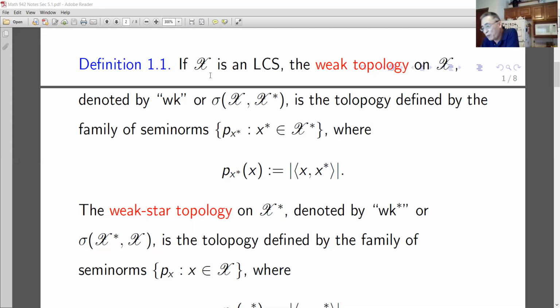The second point about this weak topology is this. After looking at this definition, we may have a natural question: is this new topology the same as the original topology, or is it different?